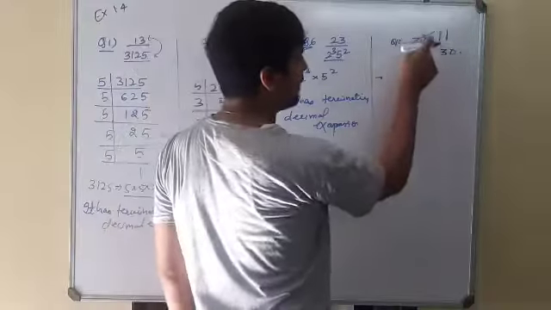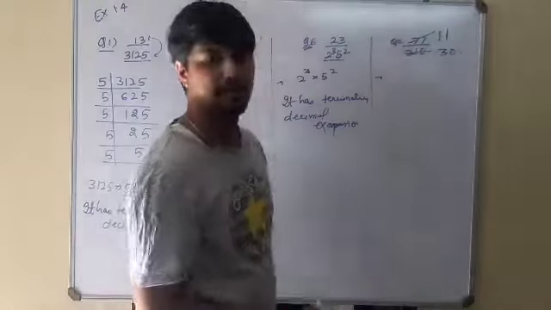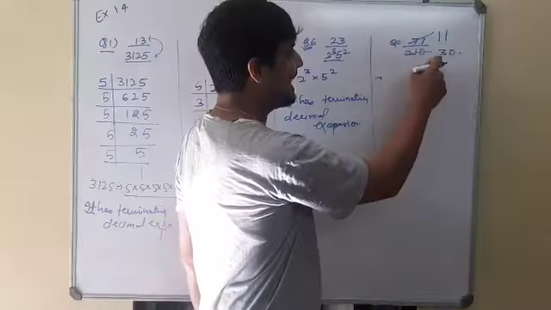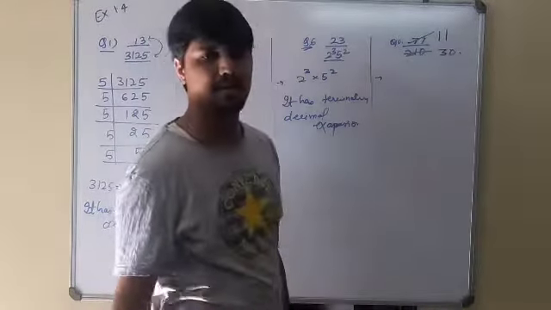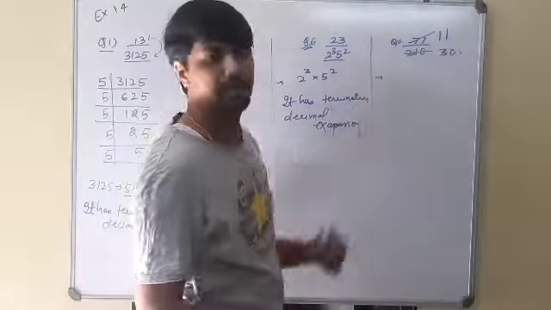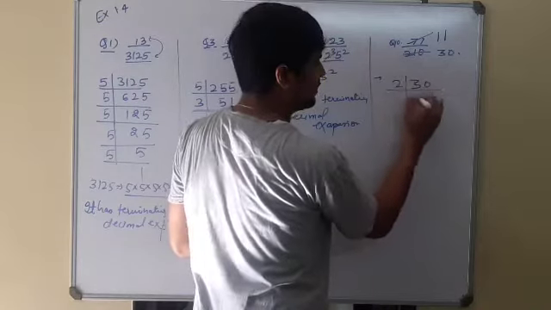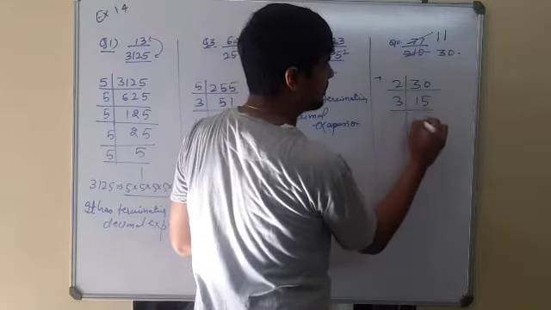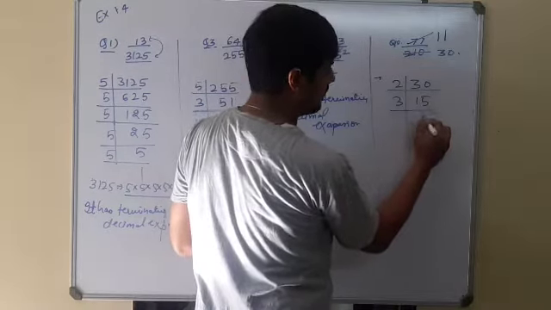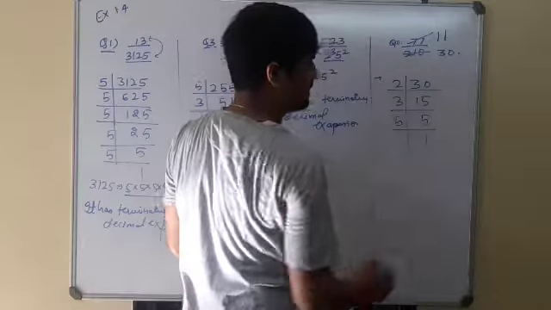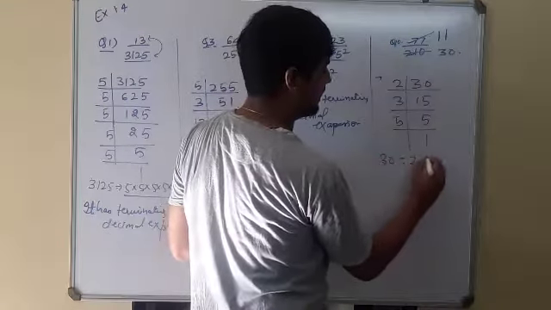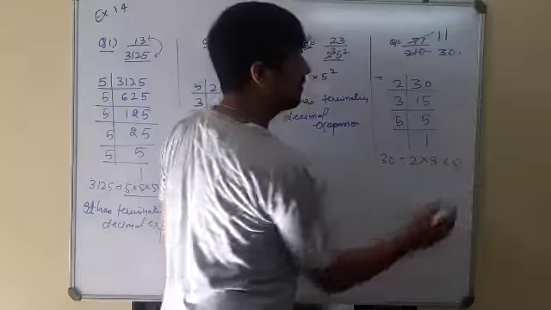So now here we have divided both the numerator and denominator by 7. Now 11 and 30 are co-prime. Nothing is common between them. So now I can directly apply the prime factorization on 30. 2 15s are 30, 3 5s are 15, and 5 is a prime. So 30 is having a prime factorization 2 into 3 into 5.